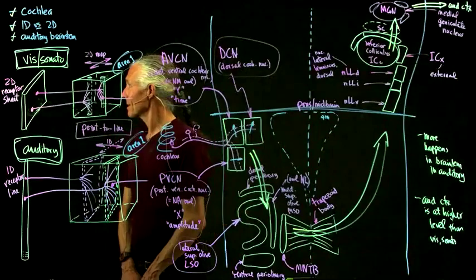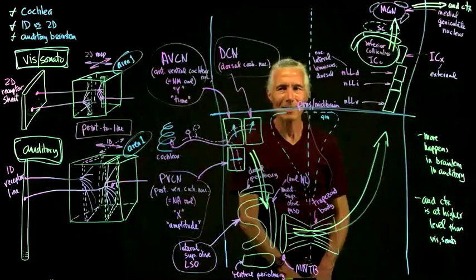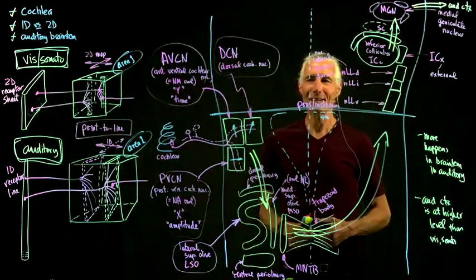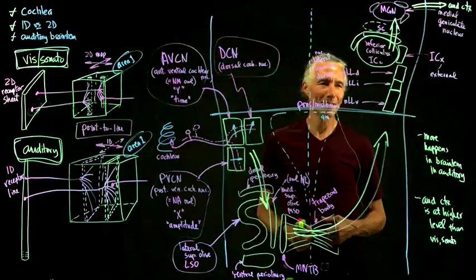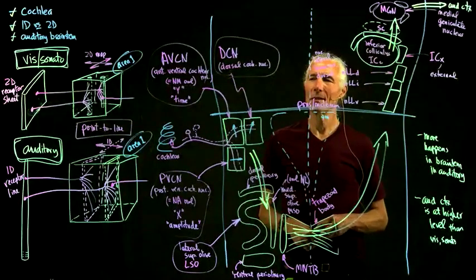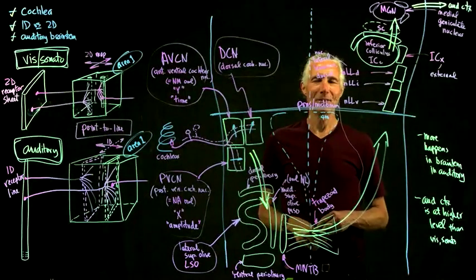Okay, so any final questions on the 19 structures in the brainstem going in the auditory system? There was a lot to chew on there.